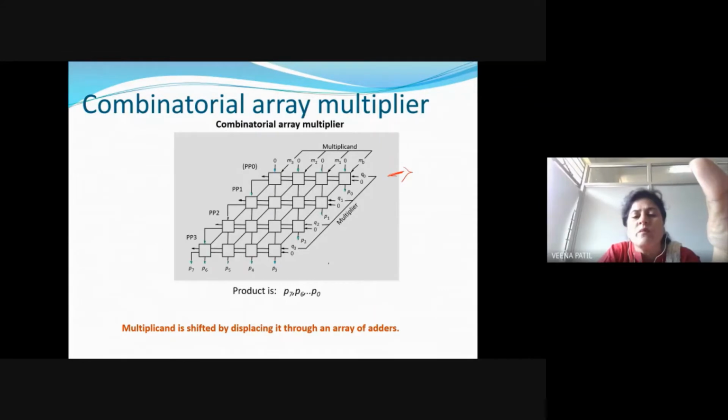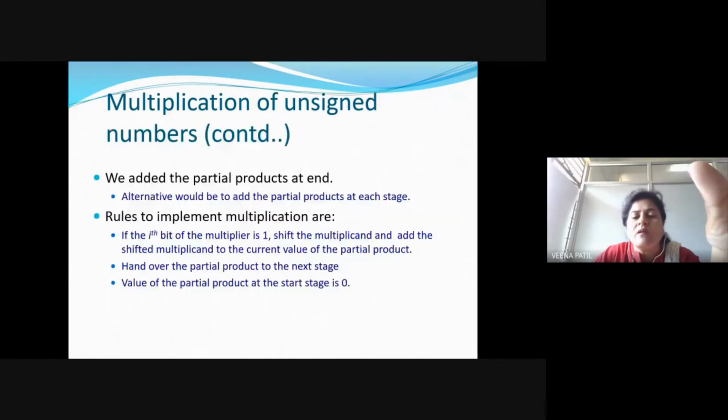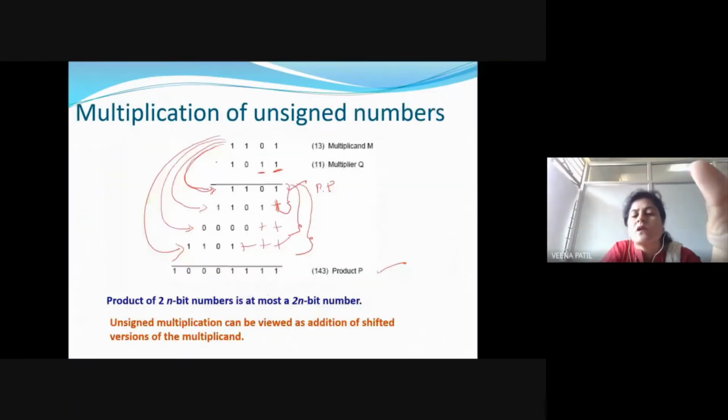As I told you, initially the inputs of the partial product will be 0. So all zeros I am giving, and I am giving the multiplicand bit. Now this will be added depending on the value of Q0. Q0 is what? Q0 is our multiplier. Multiplier we call Q, whereas multiplicand we call M.